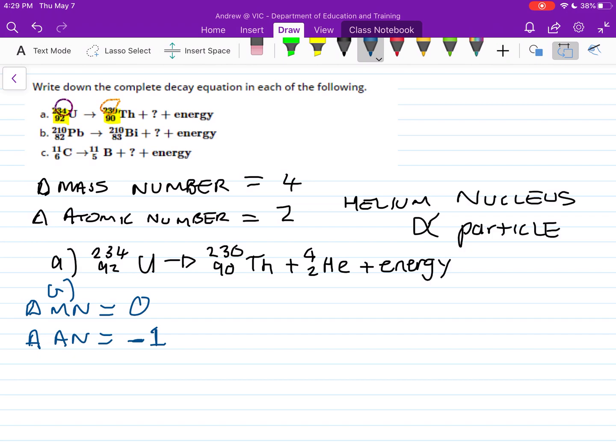With this one, just be aware that you do your first one minus your second one. That's why it's a -1, not +1 like our other examples. So hopefully we can recall what kind of particle this is. This is our negative beta particle.